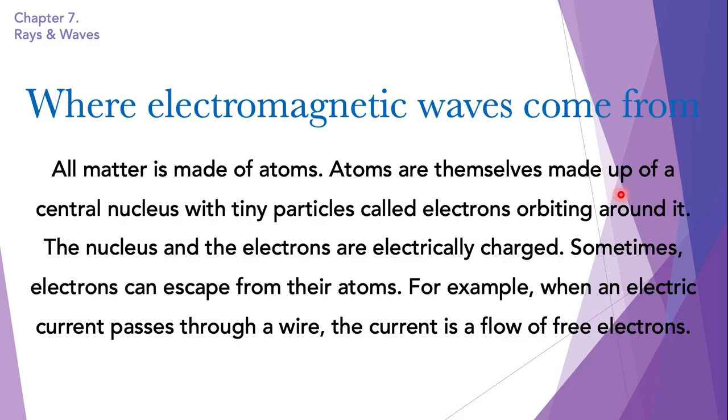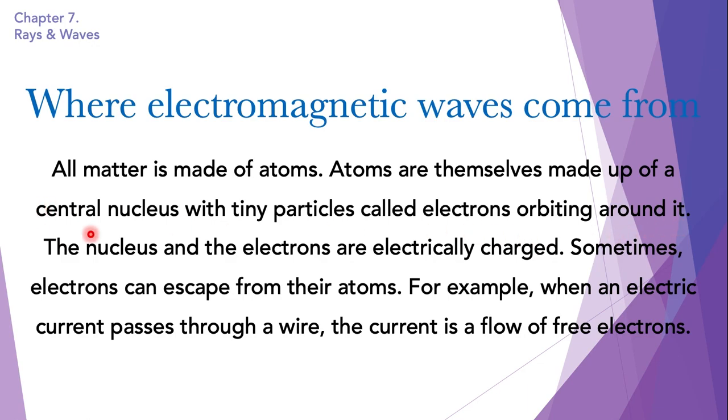Now, where do all the electromagnetic waves come from? This is a question which has a very simple answer. All matter is made of atoms, and atoms are themselves made up of a central nucleus with tiny particles called electrons orbiting around it. The nucleus is made up of protons and neutrons.